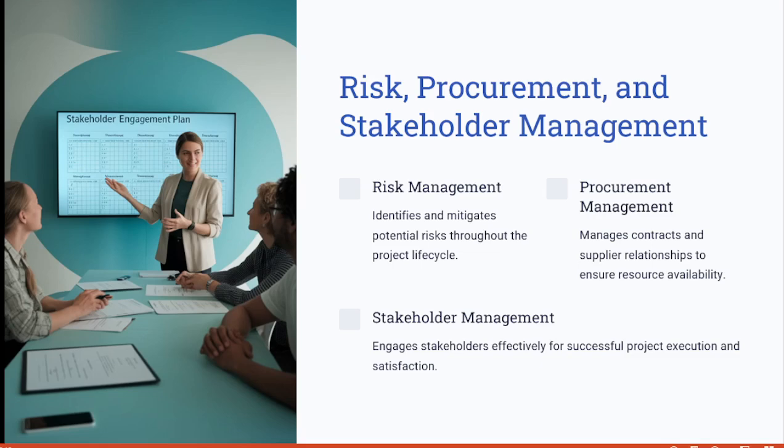Finally, project stakeholder management helps you engage effectively with the stakeholders for a successful project execution. These three areas ensure that the potential risks are managed, vendors provide the necessary resources, and the stakeholders are engaged throughout the project.